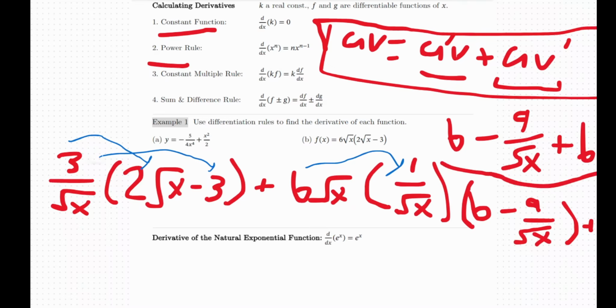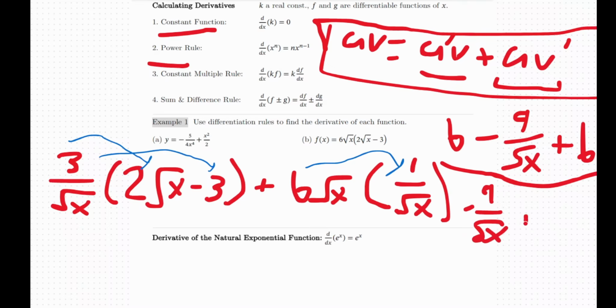So that's what you have right there. And then we can simplify even further and add those 6's up, and we end up with negative 9 over radical x plus 12. So that's going to be our final answer.